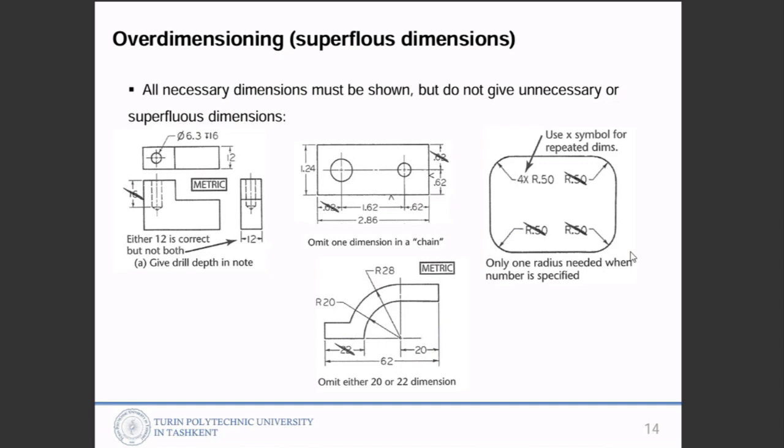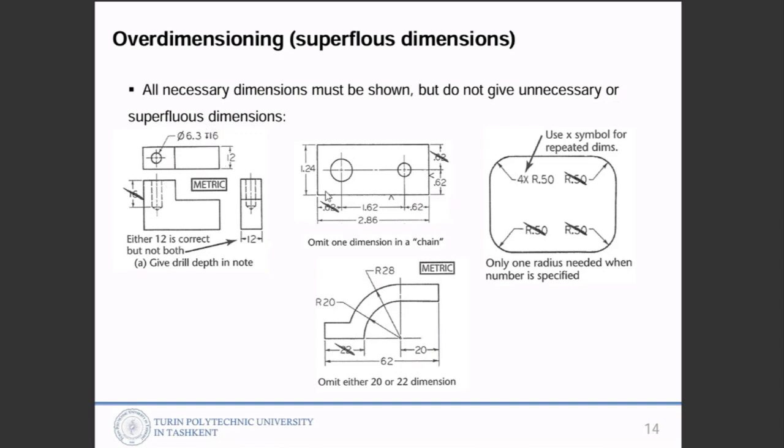So here over-dimensioning examples are shown. If you have on the top view a diameter symbol 6.3, the diameter of this hole is 6.3, and then this is a depth symbol. Depth is 16, so you don't need to show this 16 again in a different view, because you already mentioned it here.